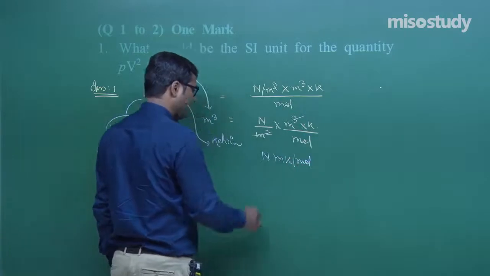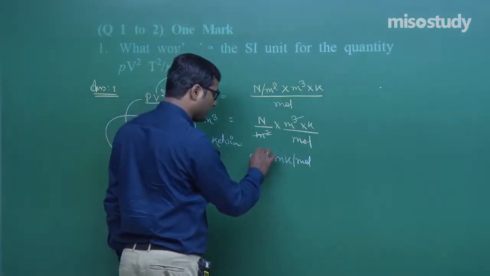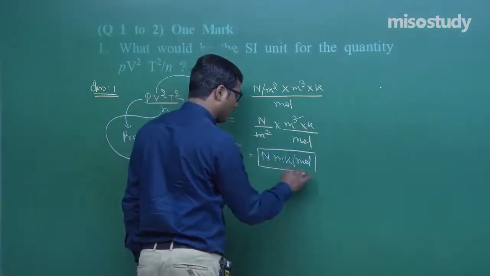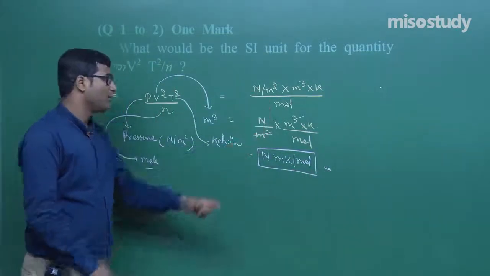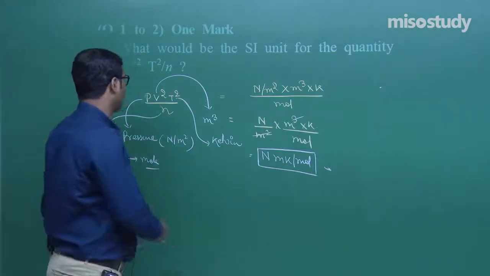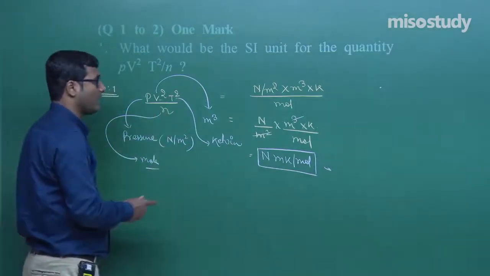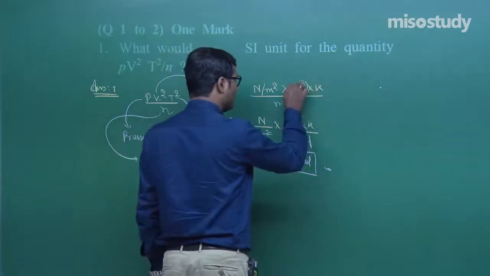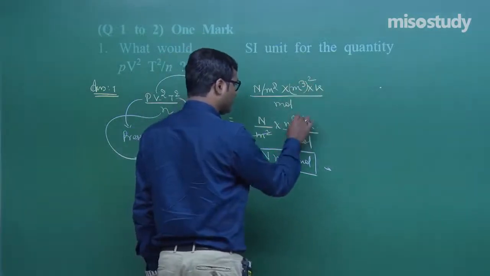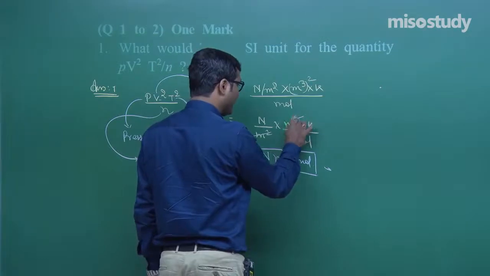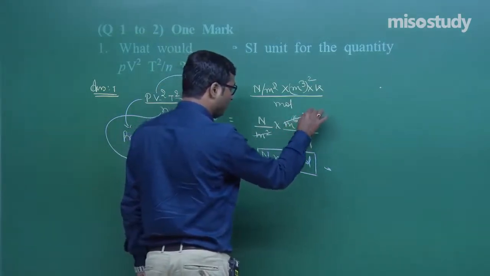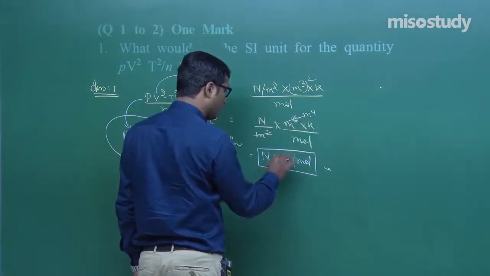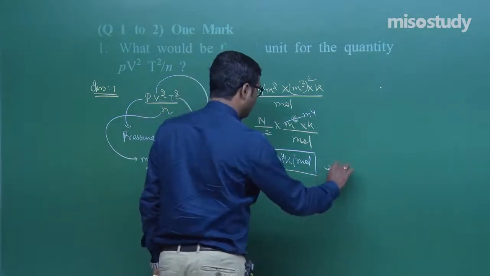One more thing, I made a mistake here: V is squared. So there will be the square, that is m cube squared, m6. We can put here m6. Now cancelling, we get m4. So Newton meter 4, then Kelvin upon mole.